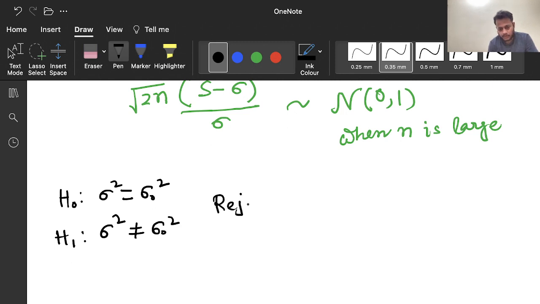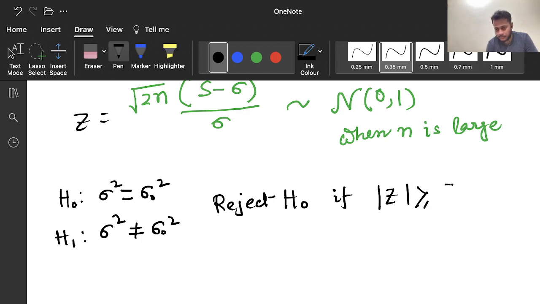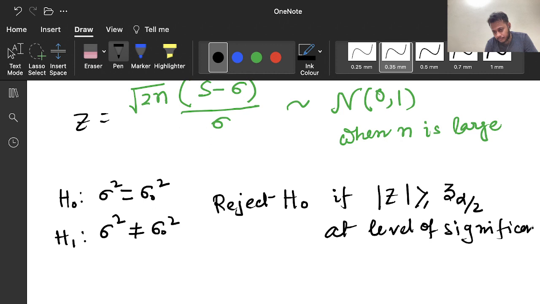So the test will be reject H0 if mod z is greater than z alpha by 2, then at level of significance alpha we can reject the null hypothesis.